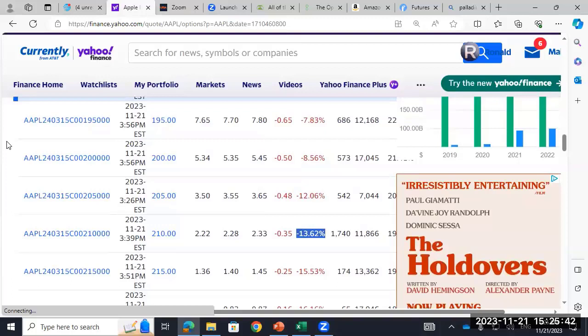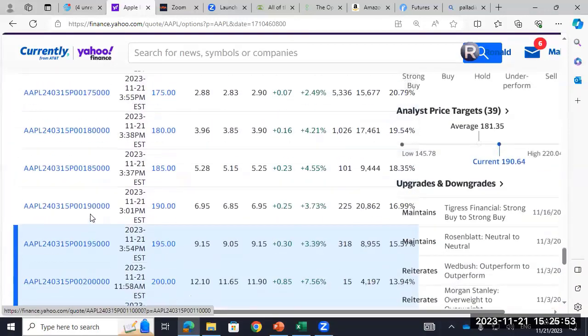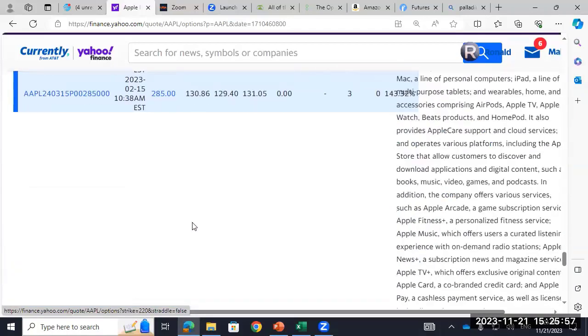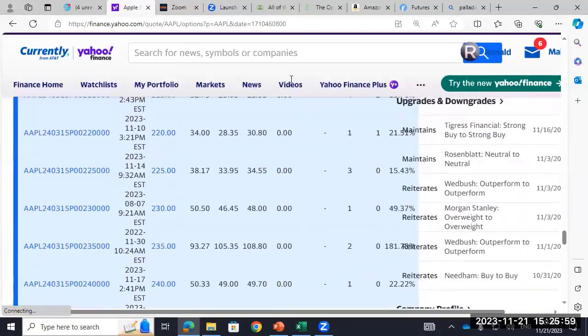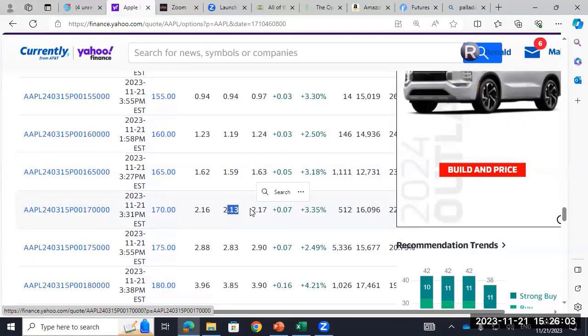I charge you $2 to buy $20 above the current price. How much would I charge you to sell it $20 below the current price? Let's look at that. Did I go too far? Or 170, excuse me. Sorry, I keep forgetting my numbers. It's about the same. About $2.